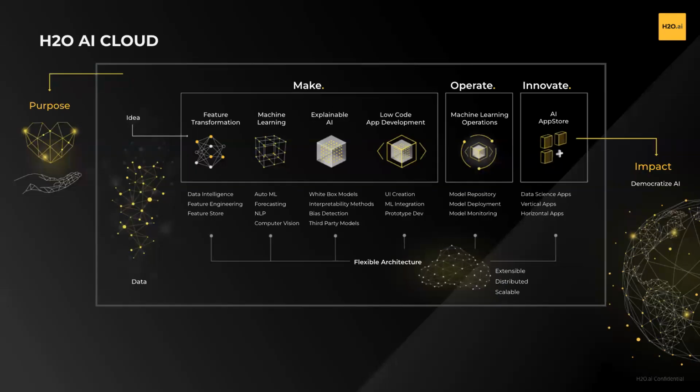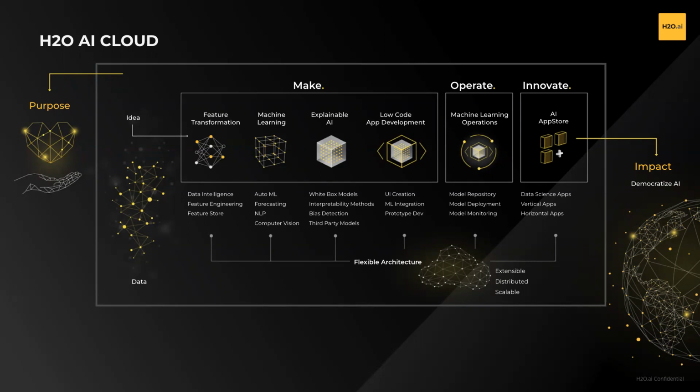So let's start with H2O as a platform. Specifically, what is H2O Cloud? H2O AI Cloud is an advanced AI platform that allows organizations to solve business problems quickly using AI. The idea is to enable individuals such as data analysts, data scientists and developers to create world-class AI models and applications faster, with less time, more accurately, and thereby making AI accessible to the business users.